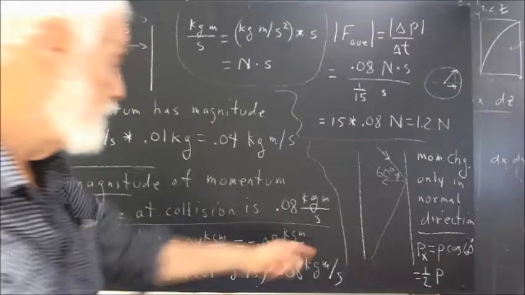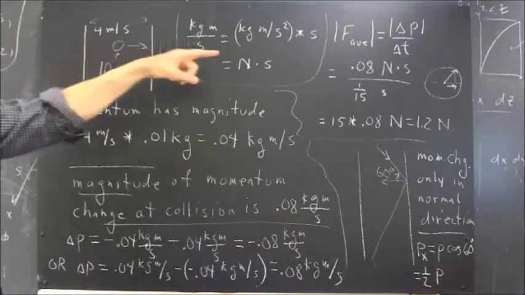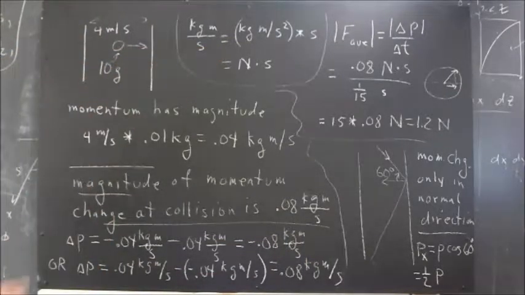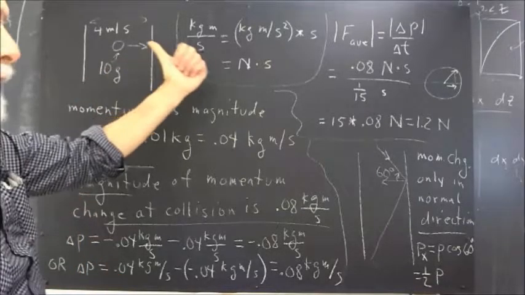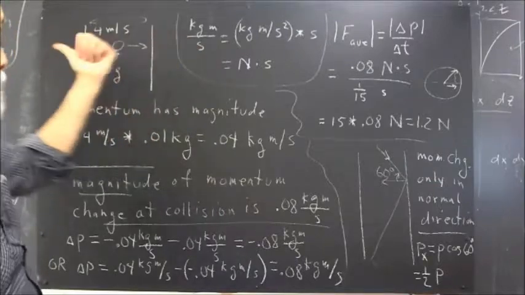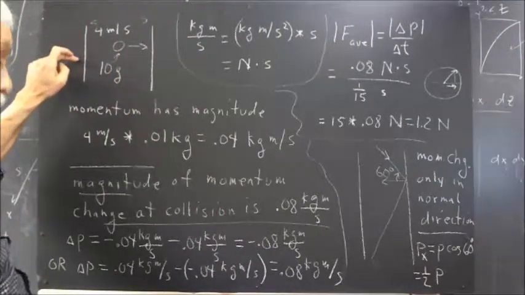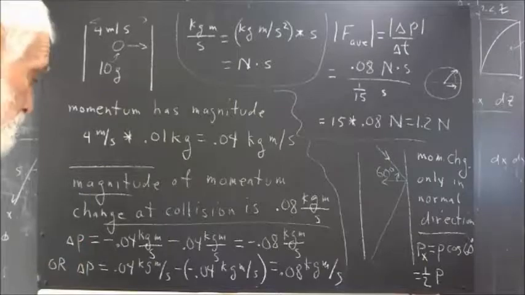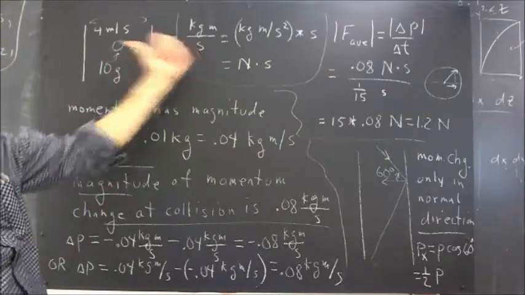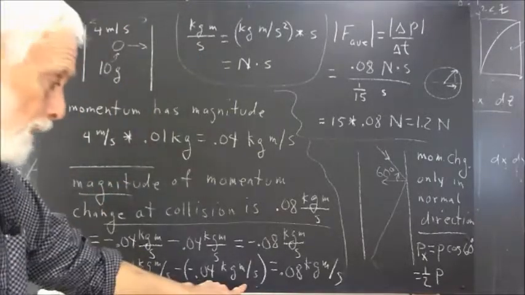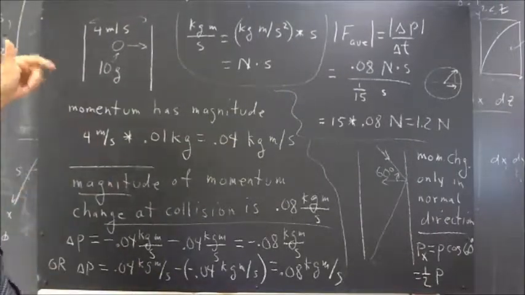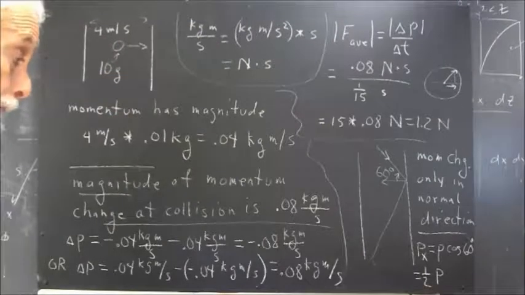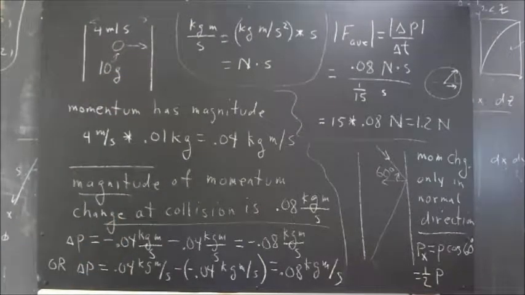So it's going to either be this, if the momentum is initially positive, or it could be this. If the initial momentum is negative, that would mean you're talking about a collision with this wall, you would have an initial momentum of negative 0.04 kilogram meters per second to be subtracted from the final momentum of positive 0.04 kilogram meters per second. And you want to make sure you understand that. Otherwise, this whole model doesn't make a lot of sense.